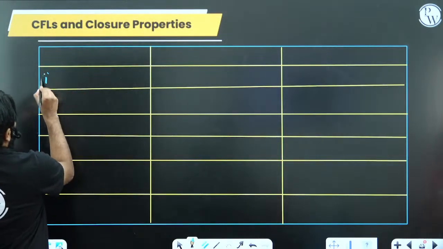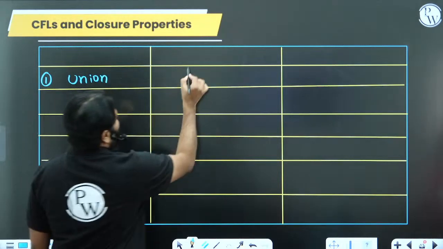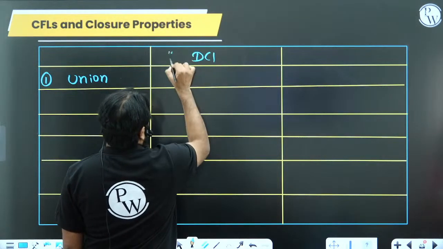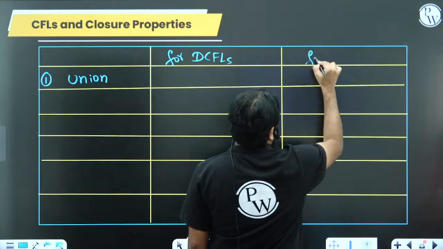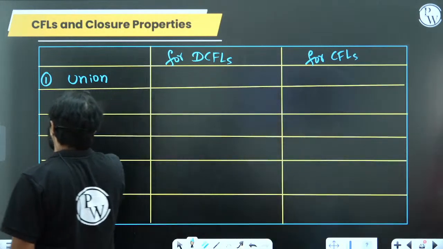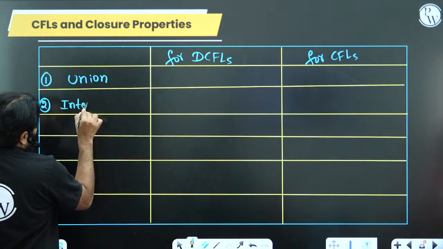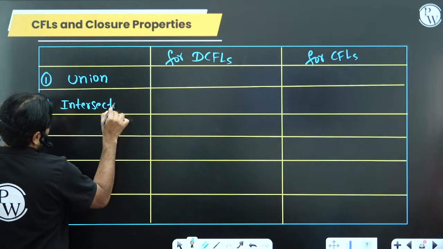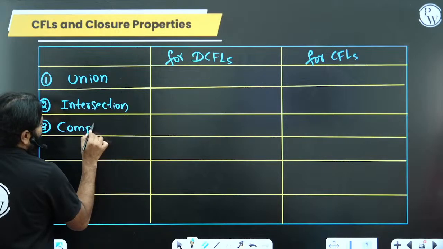The first operation is, let's say, union. This is for DCFLs, and for the domain having context free languages. Then intersection, and complement. These first three are always important from the exam point of view.